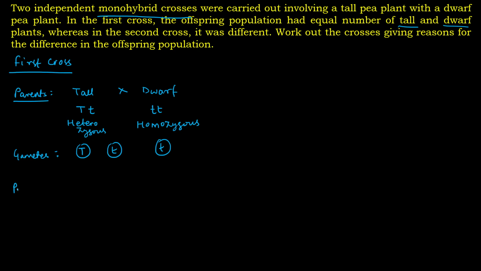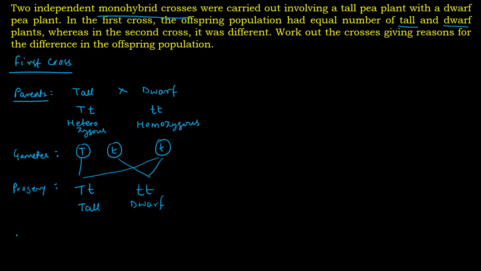So what about the progeny here? The progeny formed is going to be capital T, small t, and small t, small t. So that is going to be tall and dwarf.